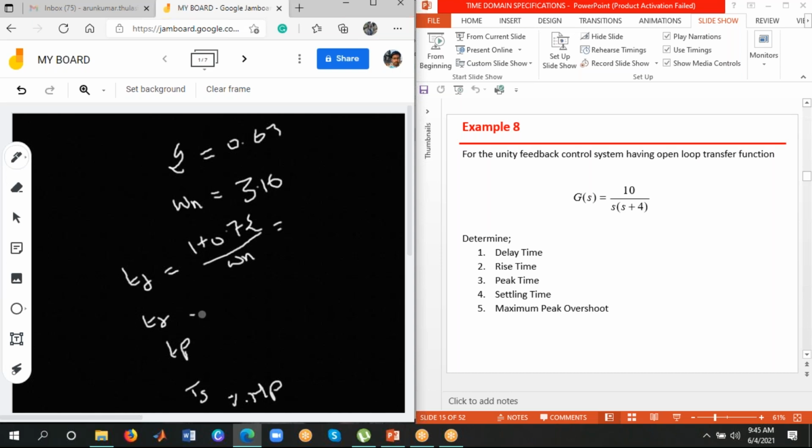And the TR formula is pi minus theta divided by omega d, and TP is pi divided by omega d.